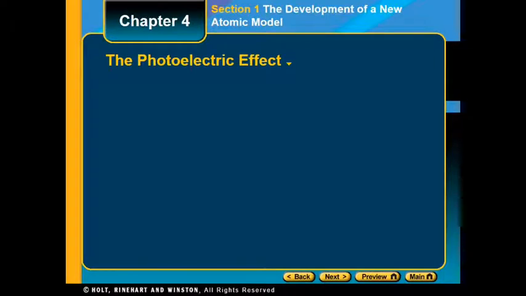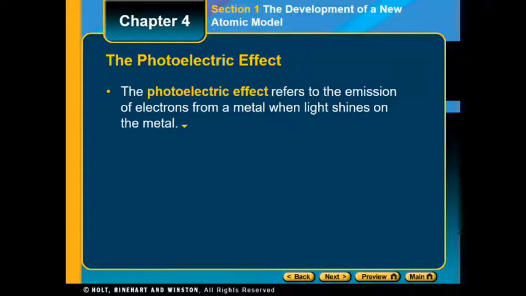Moving on to the photoelectric effect. Its definition is referring to the emission of electrons from a metal when light shines on the metal. So when light comes in, shines on a piece of metal, electrons are knocked loose. That's where the word emission comes from.